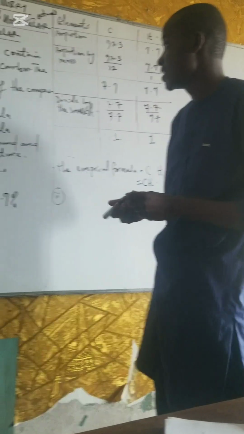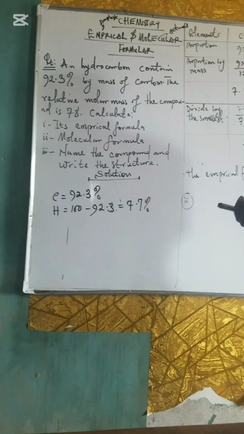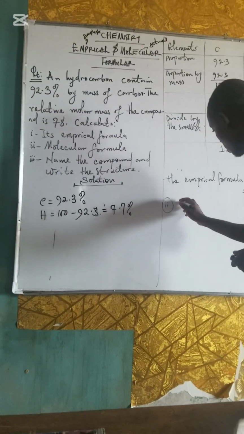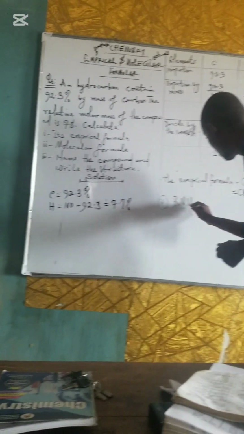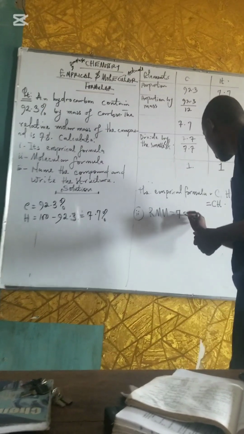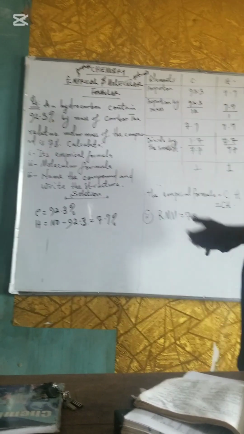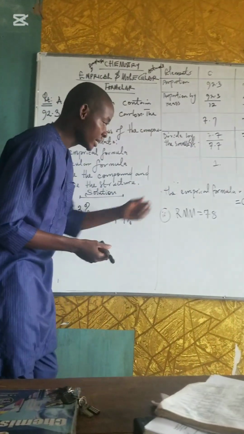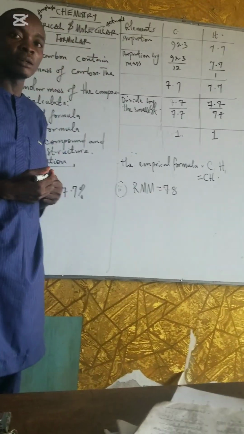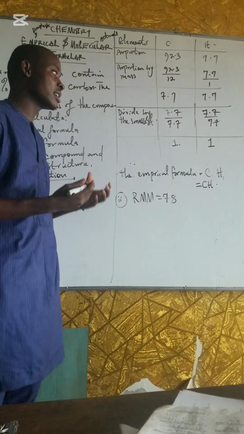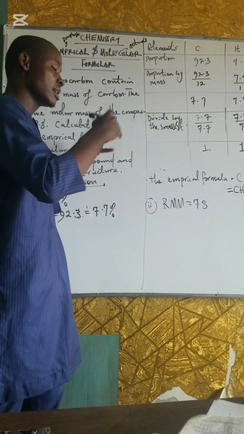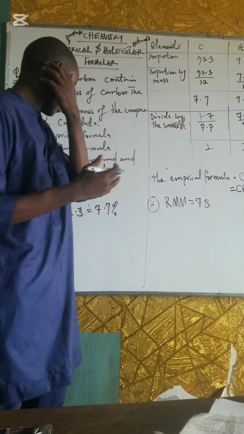So let's find the second one. You are given that the relative molecular mass of that hydrocarbon is 78. So relative molecular mass, let's represent that by RMM. Relative molecular mass equals 78. To find the relative molecular mass of any compound, you sum up all the relative atomic masses that are present in the compound.